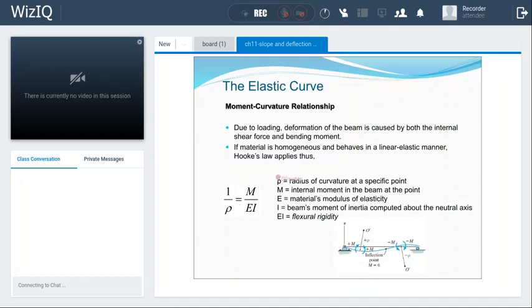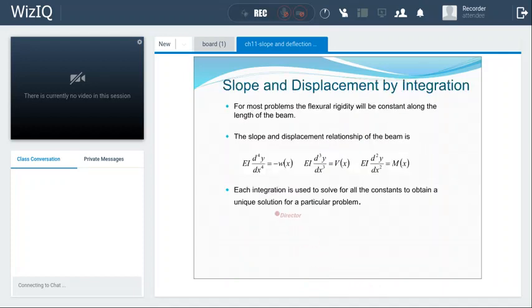So you are familiar with this equation, so we will go ahead with this, and the flexural rigidity will be constant along the length of the beam if there is no change in moment of inertia, and the slope and displacement relation of the beam can be written in this way.